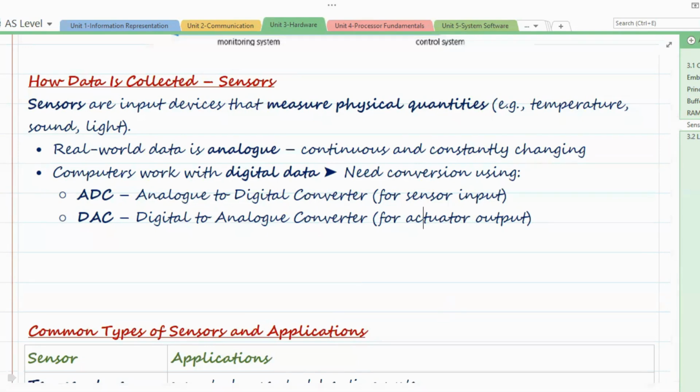So we need a system that converts analog data into digital and digital into analog. ADC, analog to digital converter, converts analog signals from sensors into digital signals that the computer can process. And DAC, digital to analog converter, converts digital signals back into analog form.